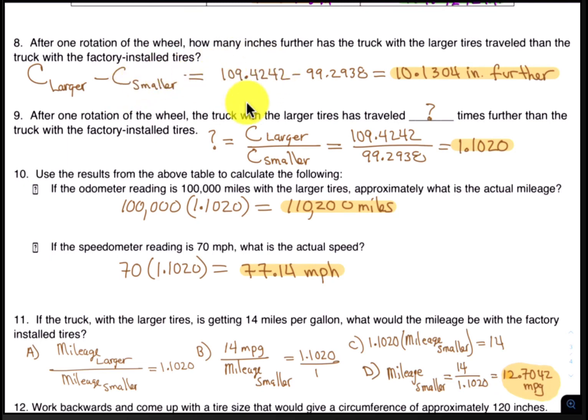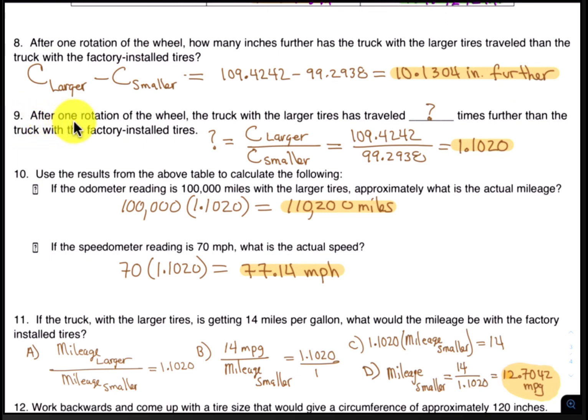From what we found above, the circumference of the larger tire is 109.4242, and the circumference of the smaller is 99.2938. Subtract these two numbers, and so that means the truck with the larger tire traveled 10.1304 inches further.